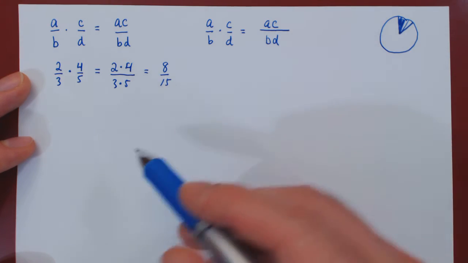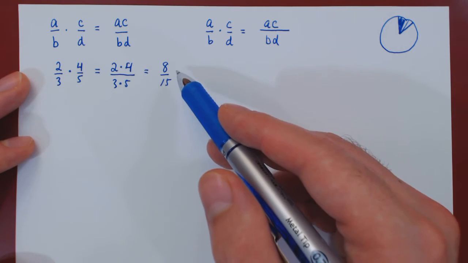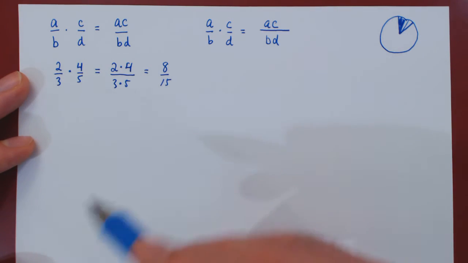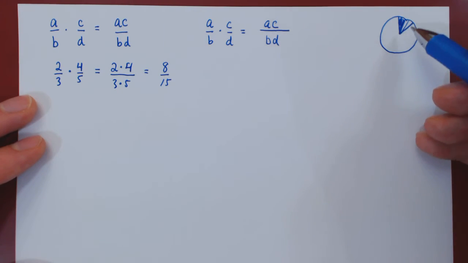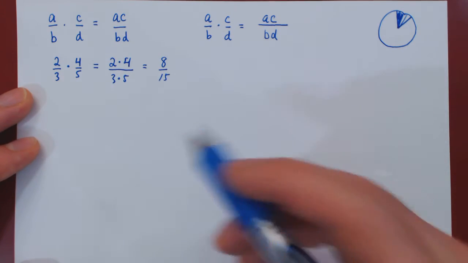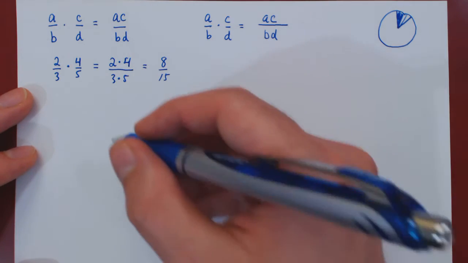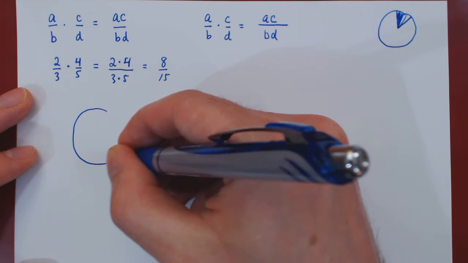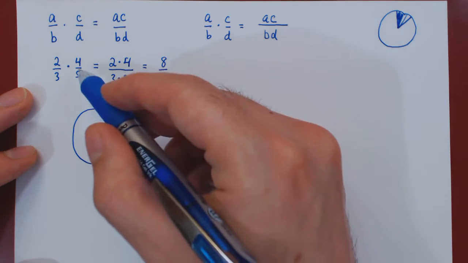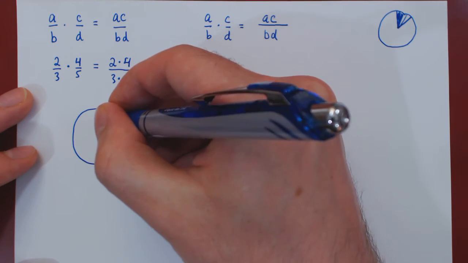So let's visualize why, again, this should make perfect sense if we view this geometrically, thinking of taking portions, sectors, of a given circle. So let's start with 4 over 5. If we look at 4 over 5, this means that we begin with a circle. We divide the original circle into 5 parts of equal size.